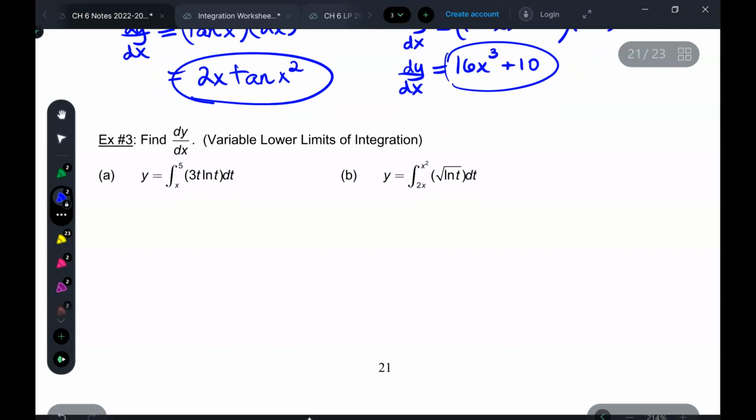Next one. Same thing, dy dx. Now we have variables in the lower limit of integration. What could we do with this one?